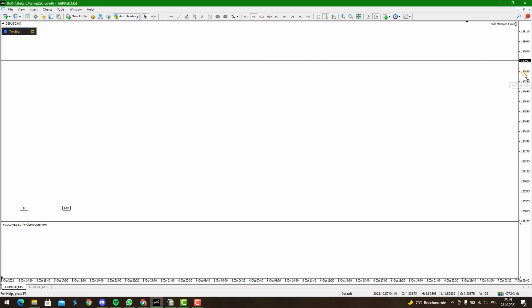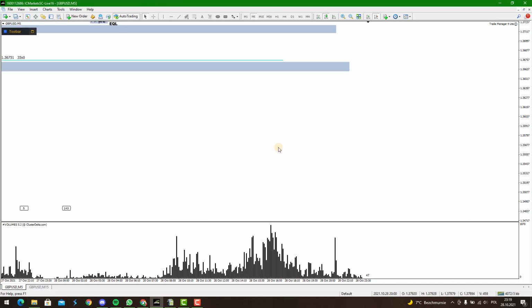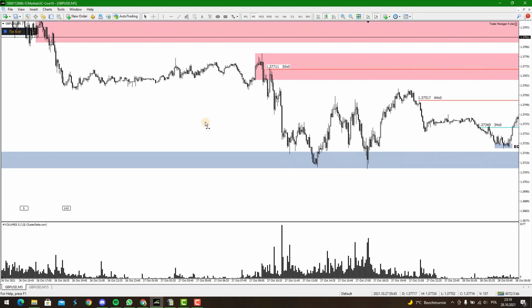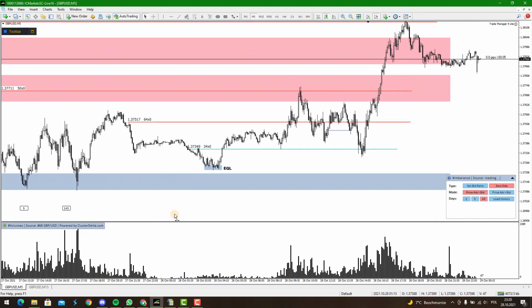So I want to say that this new tool, the imbalance tool, is extremely nice. I really love it. And why now all my imbalances disappeared? Source loading. Not now, please. Oh yeah, I love when it's happening.